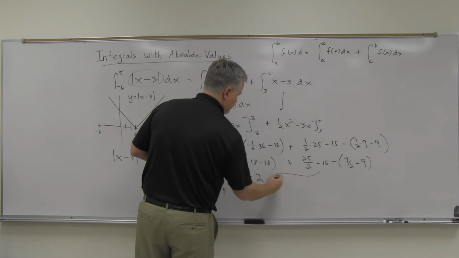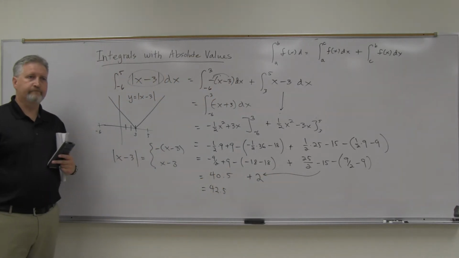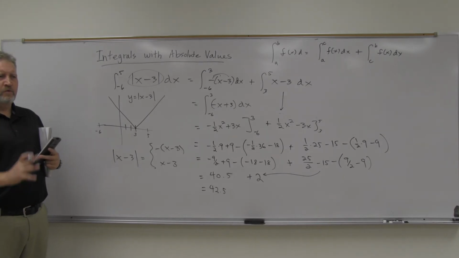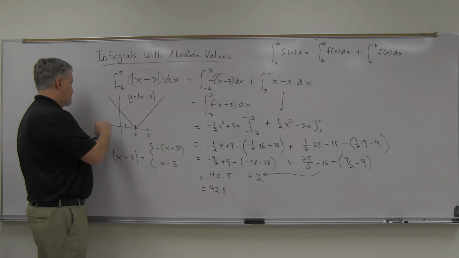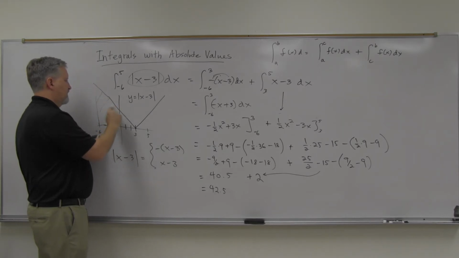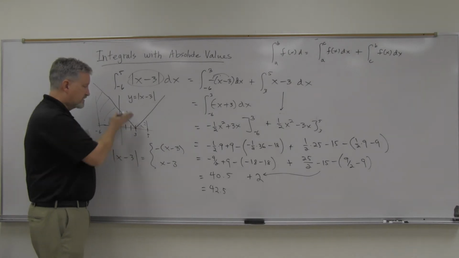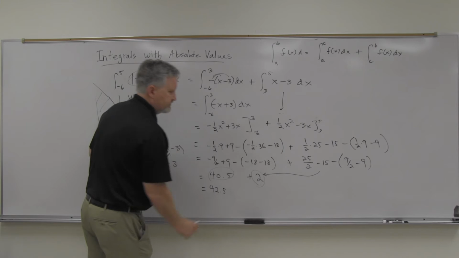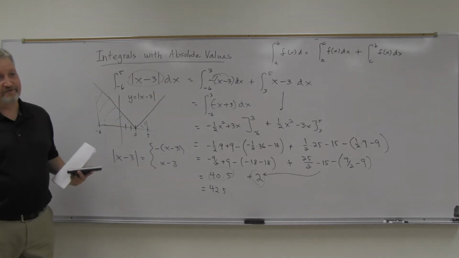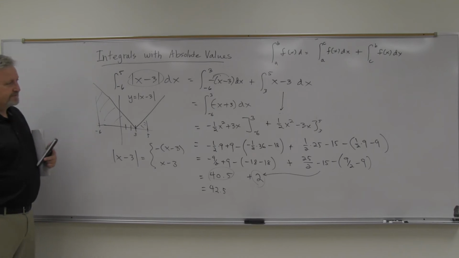Okay? Now one little quick check on these, because these areas that we're talking about on the absolute values, you're always going to have positives because it's always above the x-axis. These two intermediate values, a quick check is those should be positives. If they're negatives, you've got something a little wrong there.